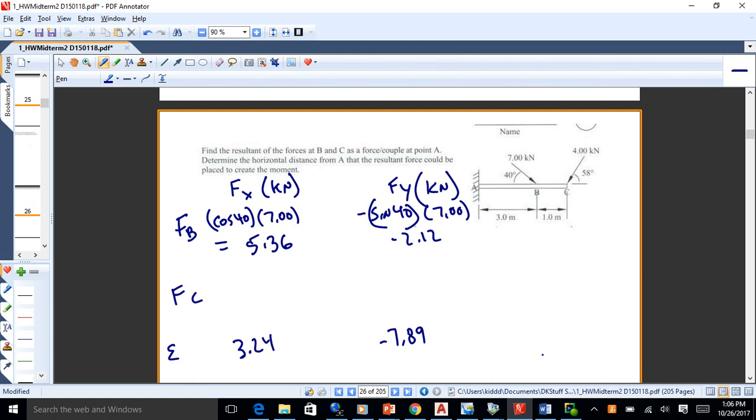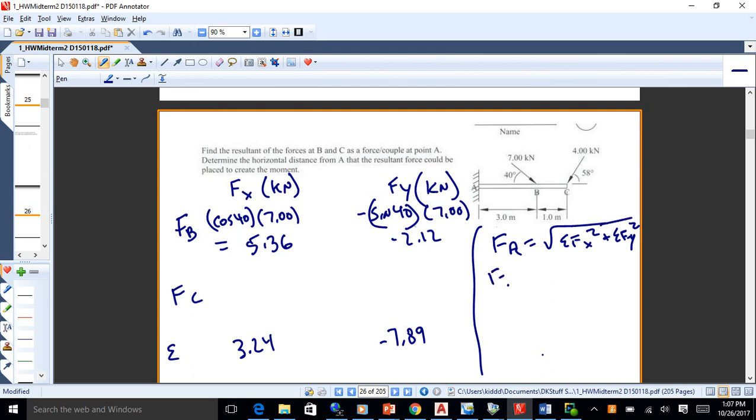Okay, and then once you've got that, what you would do next is go through this process of finding the total resultant. That's the square root of sum of Fx squared plus sum of Fy squared.